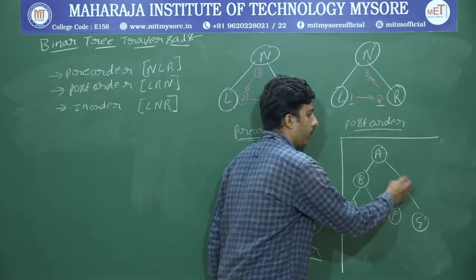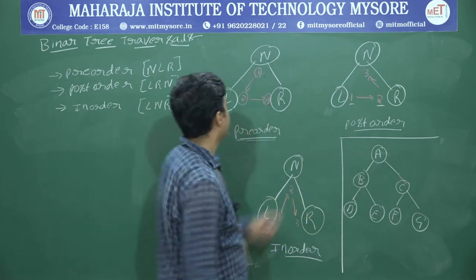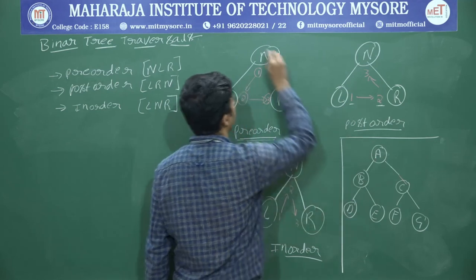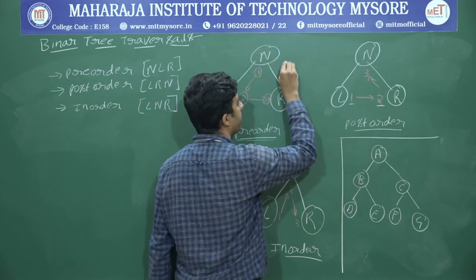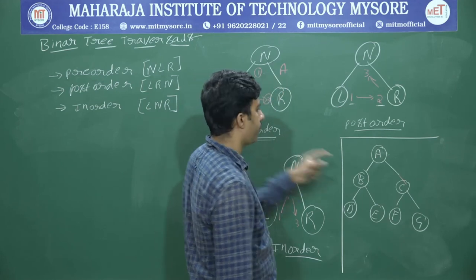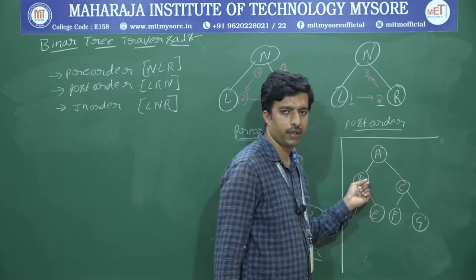I have taken one example here. See A. First visit the node. When the node is encountered, print the value. A is visited and the value A is printed. Now after the node it traverses to the left. Is left there? Yes.